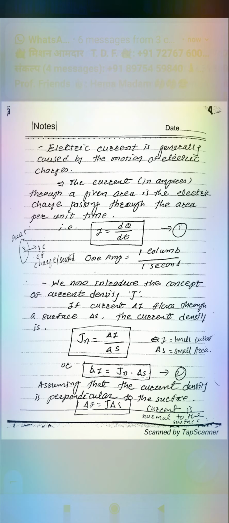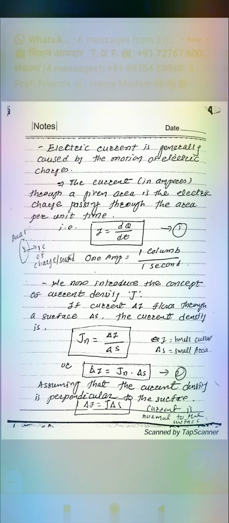If J is the representation of the current density, it is given as the current delta I flowing through a surface area delta S, which is Jn equal to delta I divided by delta S. That is said to be current density.